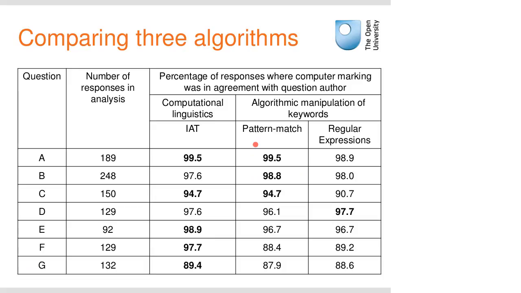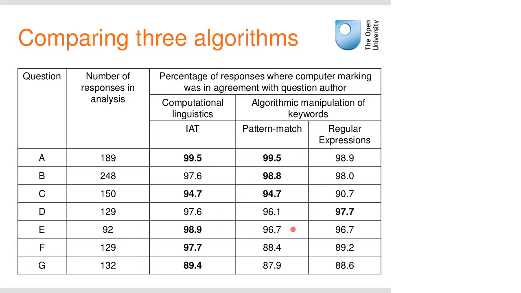There's another way of matching text flexibly called regular expressions that computer programmers use. So they paid a graduate student one summer to have a go with pattern match and regular expressions to see if it could do as well as the clever, fancy computational linguistics.